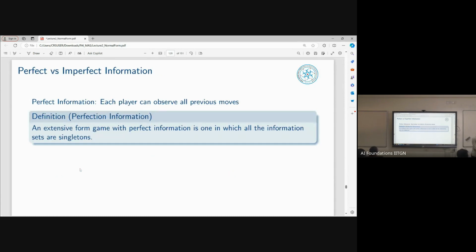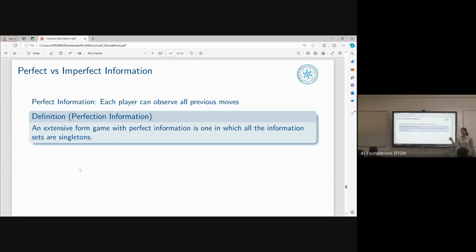Okay, so this brings us to this new definition of something called perfect and imperfect information. So what is perfect information? Each player can observe all the previous moves. That's perfect information. And imperfect information is that at some point, I'm not able to observe. Maybe in the first round I can observe the entire move that player 1 has made, but maybe 2-3 times we play and then I cannot observe.